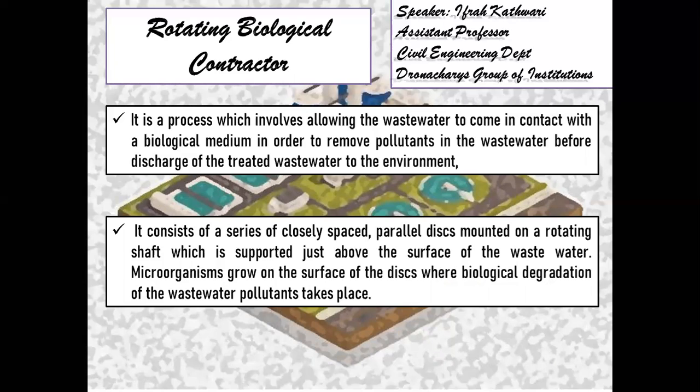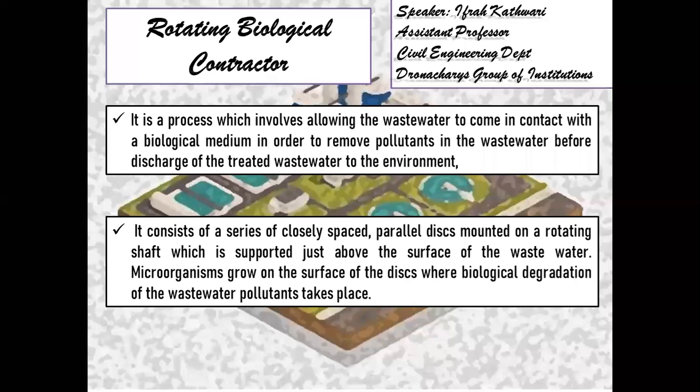We do this to remove the pollutants from wastewater, before this wastewater is discharged to the environment, be it a source of water, the return of water to the cycle, or any usage, be it drinking or irrigation. We have to do this before that.